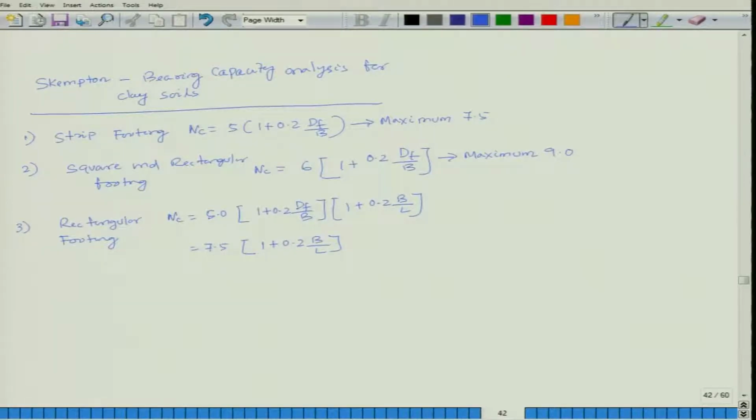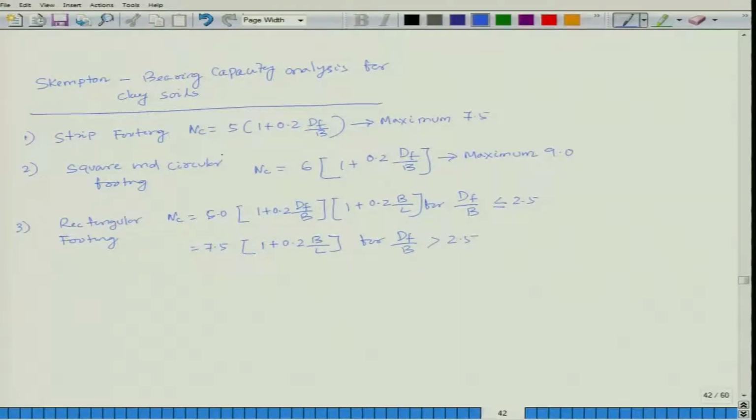This is for Df by B less than or equal to 2.5, and for Df by B greater than 2.5. So, sorry, it is not square and rectangular, rather it is square and circular footing.